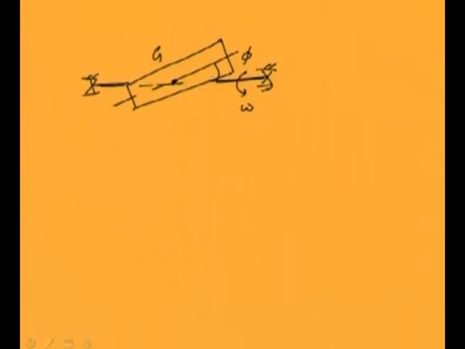Because of this inclination, we will get a moment on the rotor, given by this expression, in which this is the diametral mass moment of inertia and this is the polar mass moment of inertia of the rotor. Omega is the spin speed of the rotor, phi is the inclination.